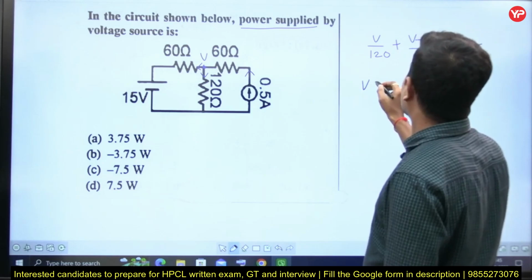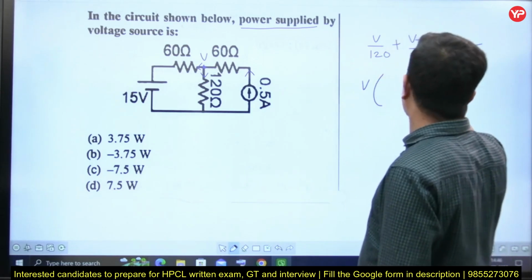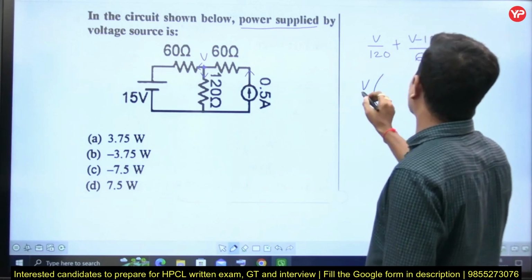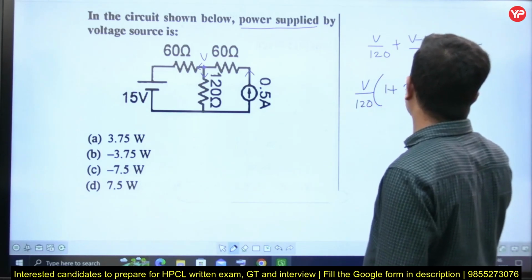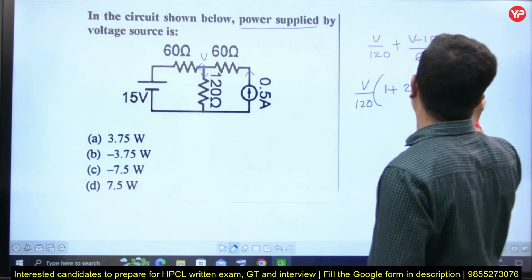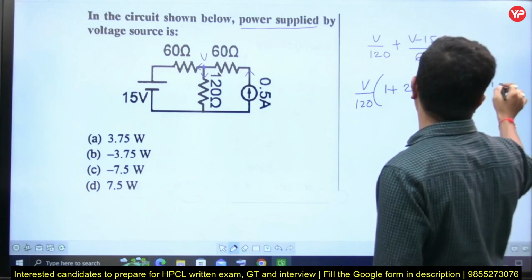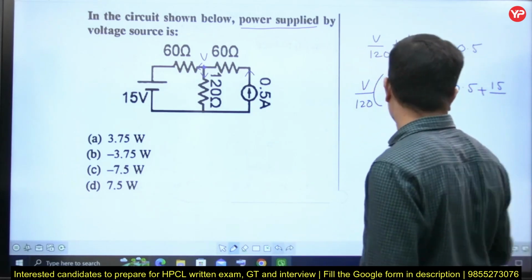So this also can be written as 2V by 120. V by 120 I will take common, 1 plus 2. 1 plus 2 is equal to 0.5 plus 15 by 60. 15 by 60 please, not 16.